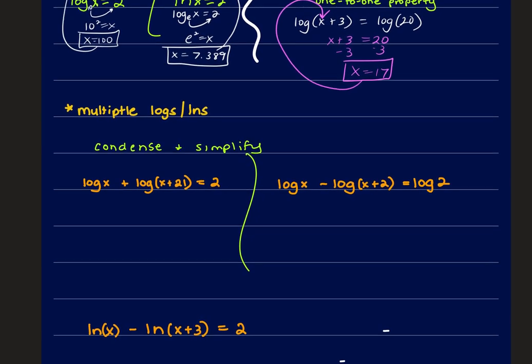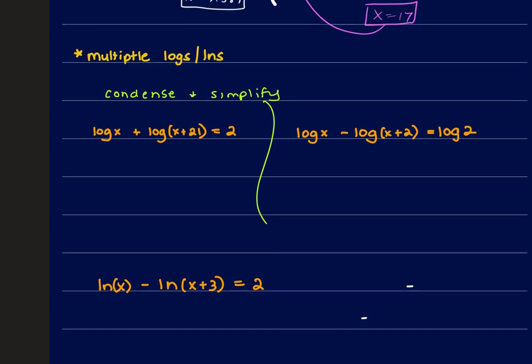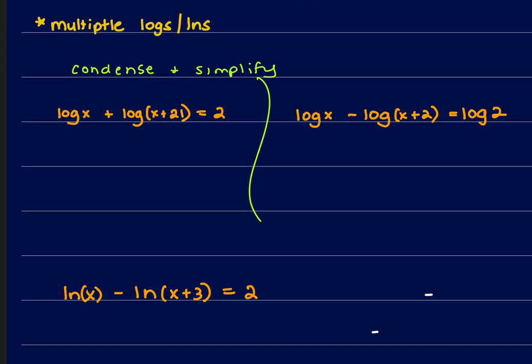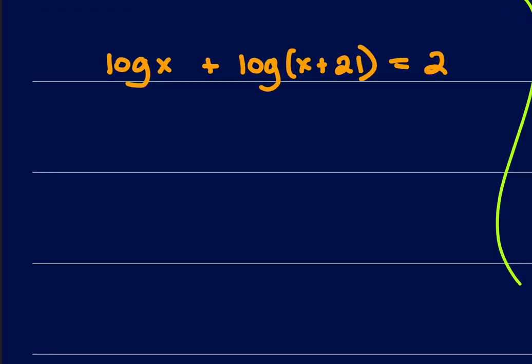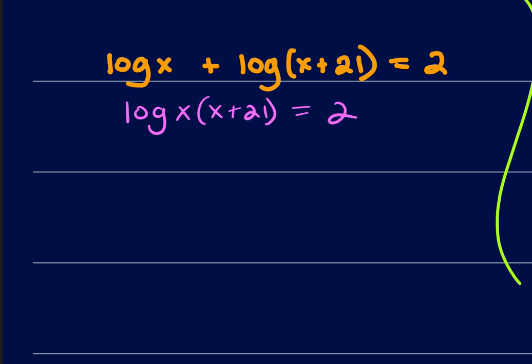Okay. If there are multiple logs or ln's on one side of the equal sign, then I have to condense. So we're going to use our rules of condensing. If I look at that first one, log of x plus log of x plus 21 equals 2. When I condense this down to one log, what happens? Good. x times x plus 21 equals 2.